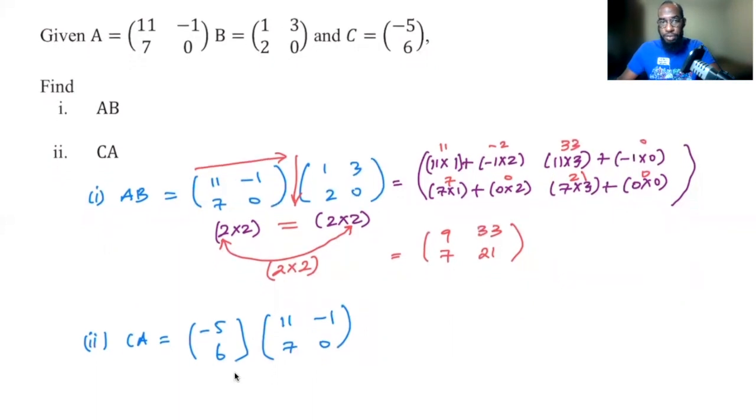Or both matrices. This first one, we have 2 rows and we have 1 column. So we know that this is a 2 by 1. Remember, rows first, column afterwards. So this is 2 rows, 1 column. This one here, 2 rows, 2 columns, right? We have 2 rows here and we have 2 columns. So this is a 2 by 2.